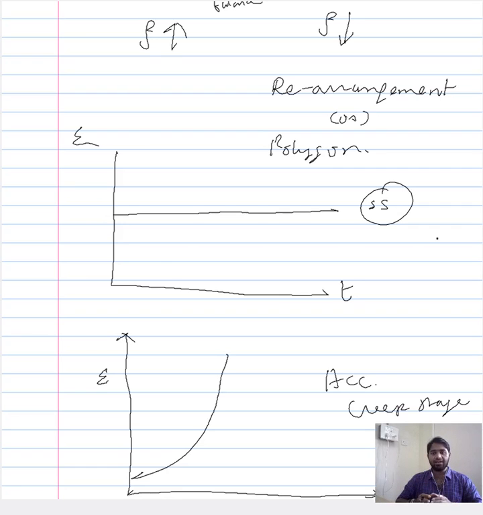So these are the factors that are responsible for the different creep stages that you see. Along with these factors, you can categorize the different creep behaviors depending on the materials that we look into. For different materials, the overall creep behavior might be different.